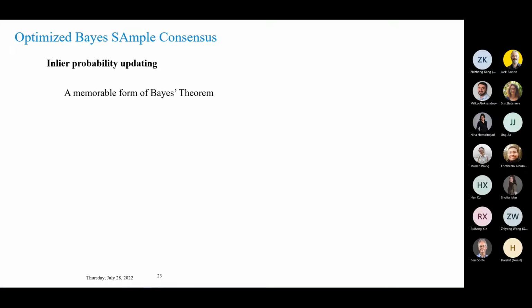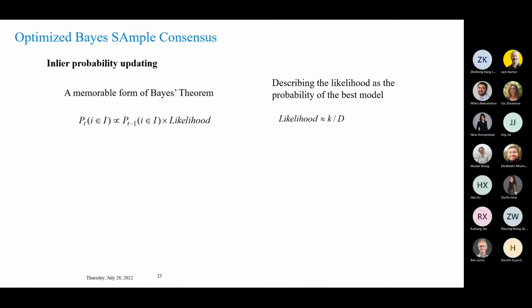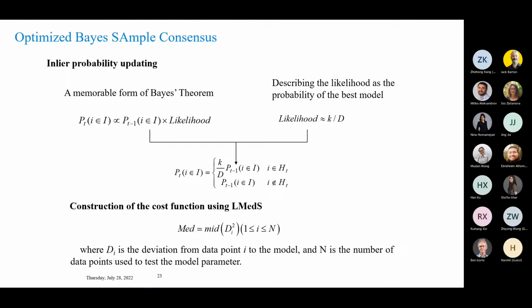Next, we formulate a simplified form of the Bayes theorem, and also describe the likelihood as the probability of the best model. And here is the way we construct a cost function with the least median of squares.